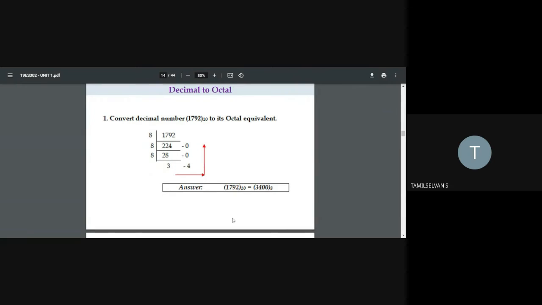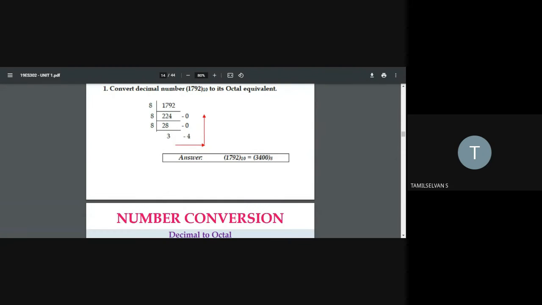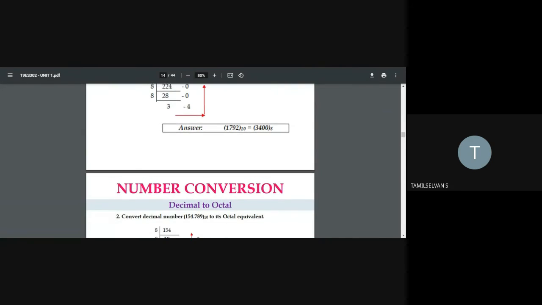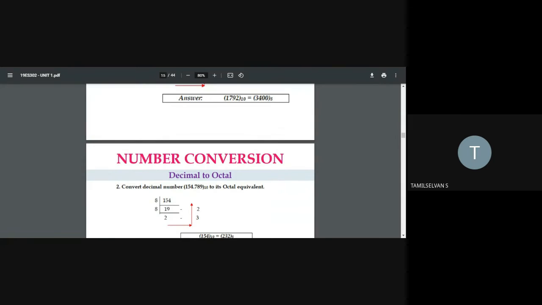So next I can move to example number 2 in decimal to octal conversion with floating point numbers. This is an example with floating point numbers. First I take this whole number 154 with the LCM method by 8, right?